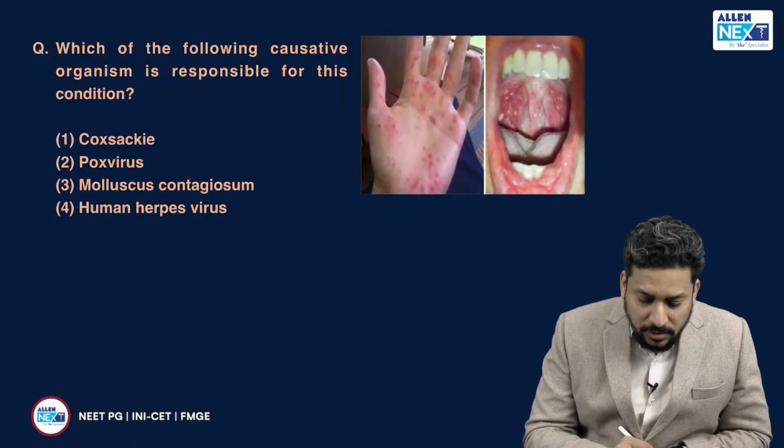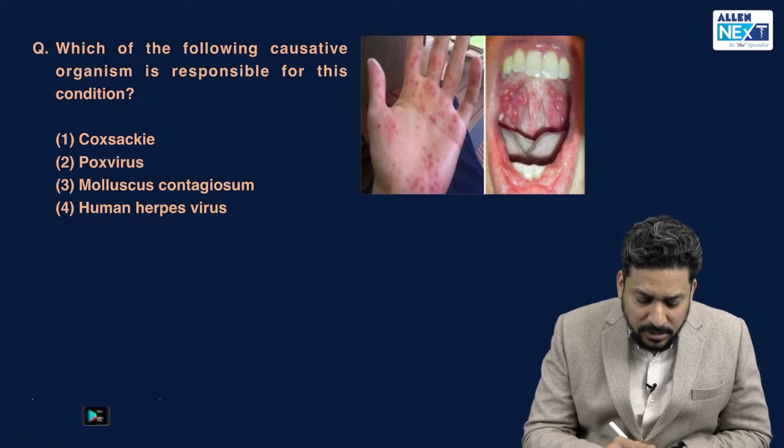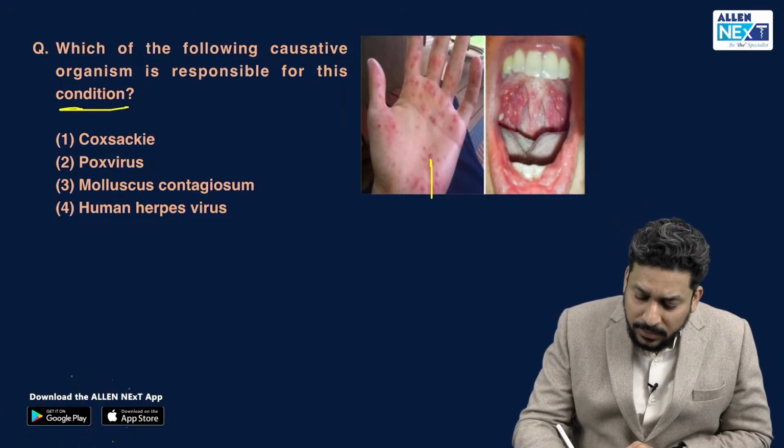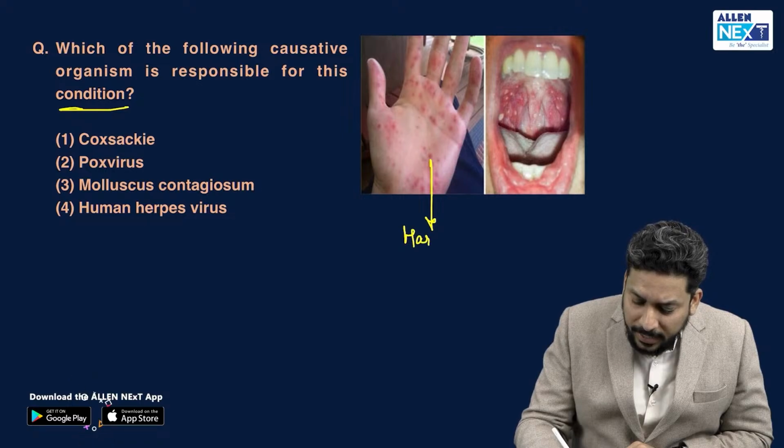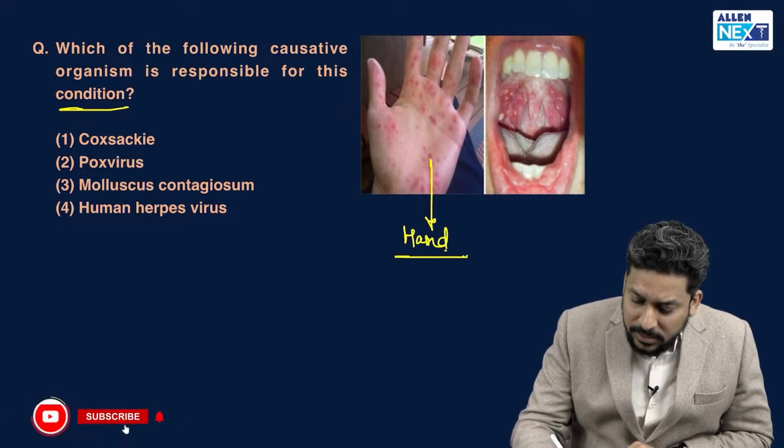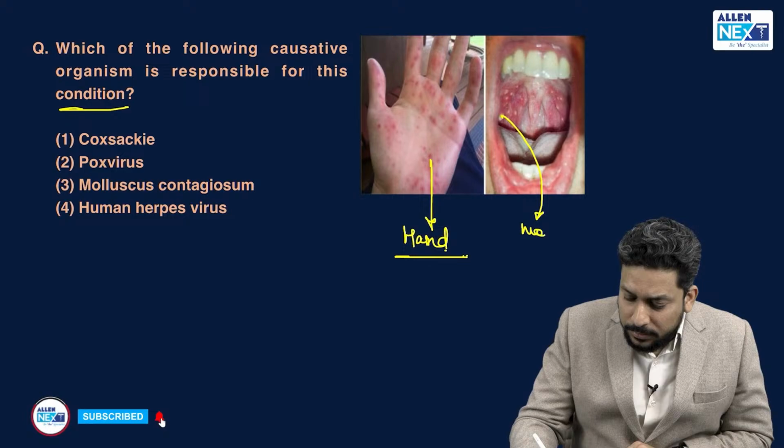So which of the following causative organism is responsible for this condition? And what is shown, there are rashes which are present over hand. There are ulcers or rashes present in the mouth.